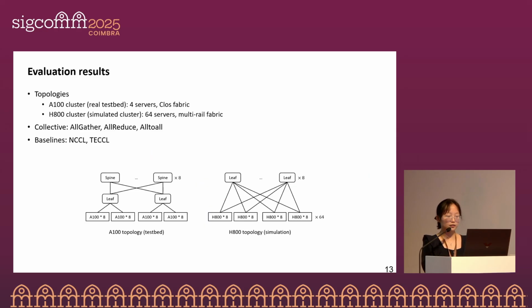We evaluate SyCCL on both real and simulated clusters, including an A100 testbed with 4 servers and a cloud fabric, and a simulated H800 cluster with 64 servers and multi-rail networking. We test all-gather, all-reduce, and all-to-all, and compare SyCCL against NCCL and TACCL.